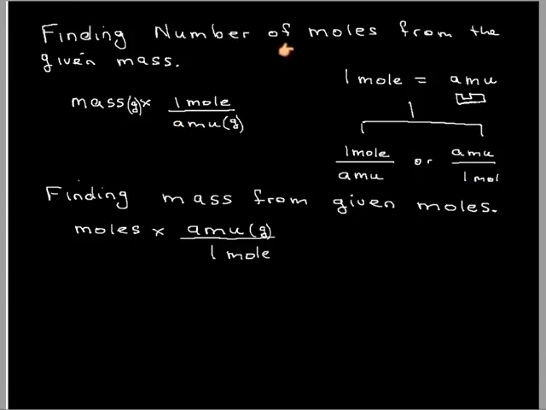If you're finding the number of moles, you will multiply the mass by the number of moles divided by the atomic mass unit. If you're looking for the mass from a given number of moles, you will multiply the number of moles by this conversion factor, atomic mass unit measured in grams divided by 1 mole.